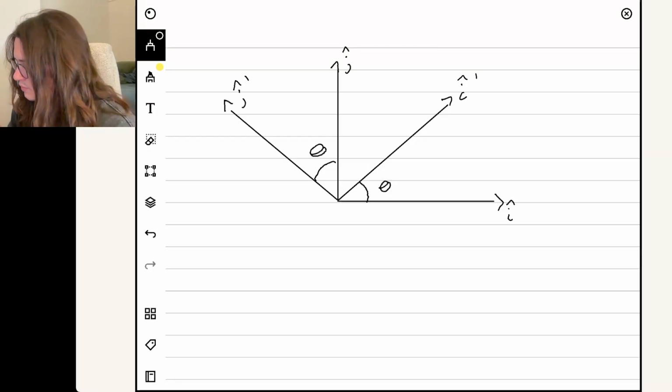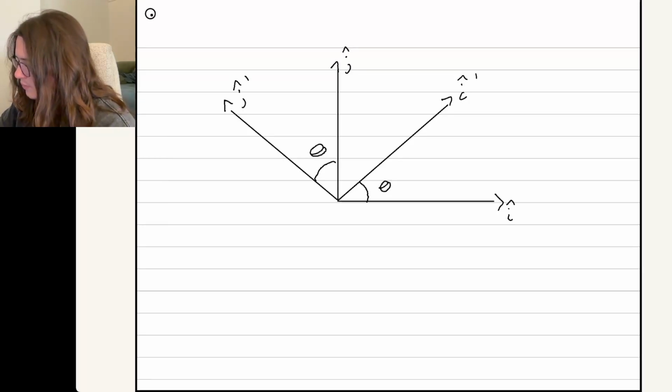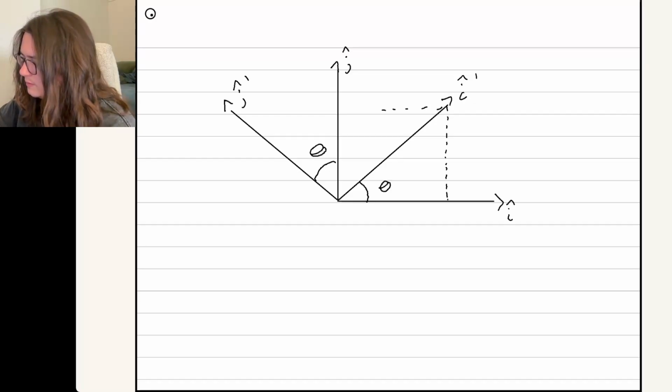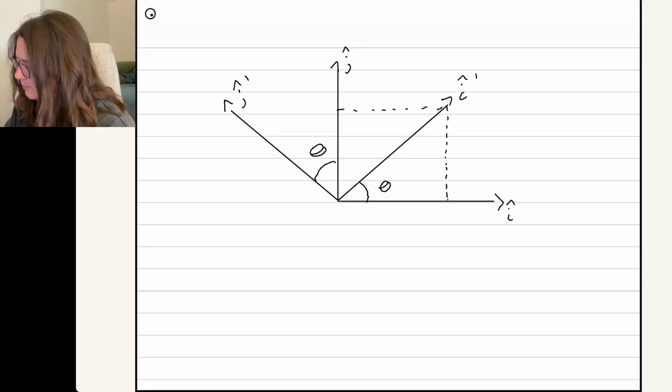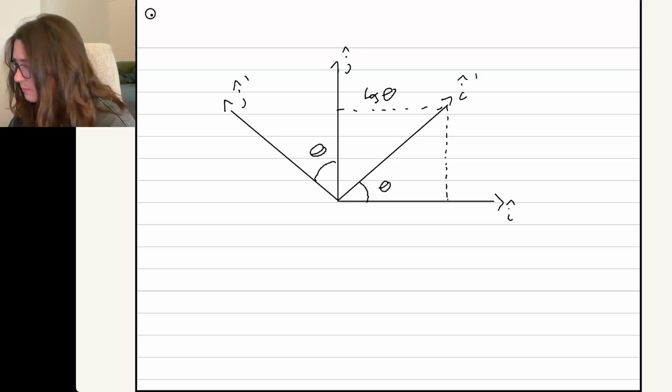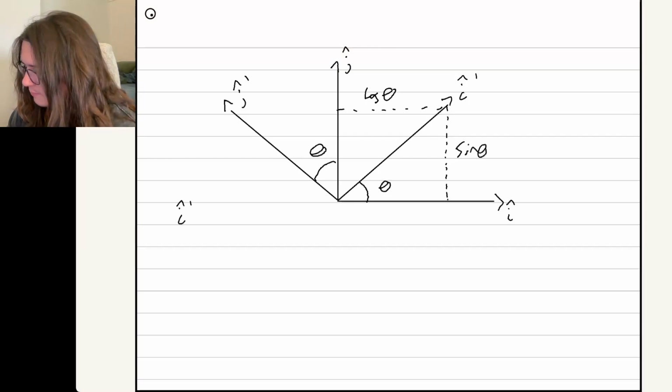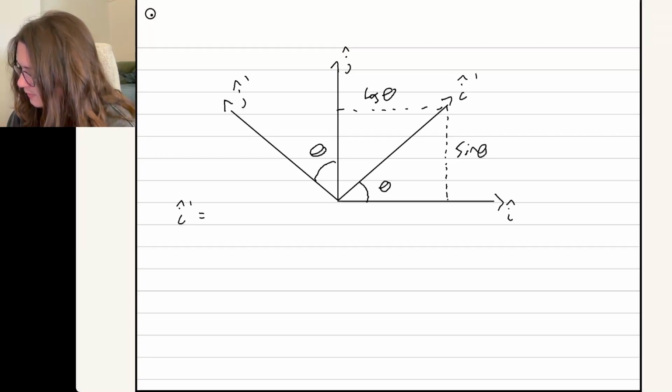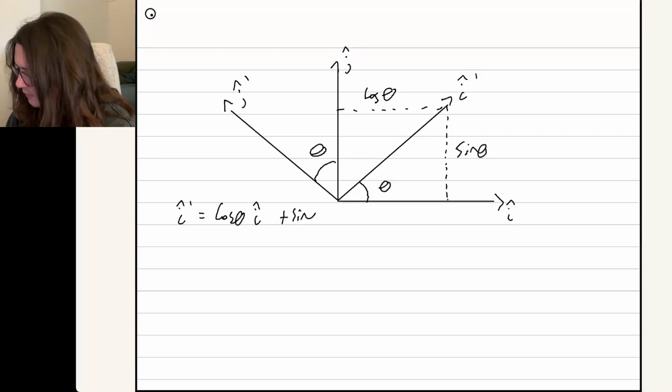So just looking at this now, if we wanted to project i hat onto the ij basis, then we know that this x distance is just the cosine of angle theta, presuming that the length of the vector is still 1. And also this is just the sine of angle theta. So we know that i hat prime is equal to cosine theta i hat plus sine theta j hat.